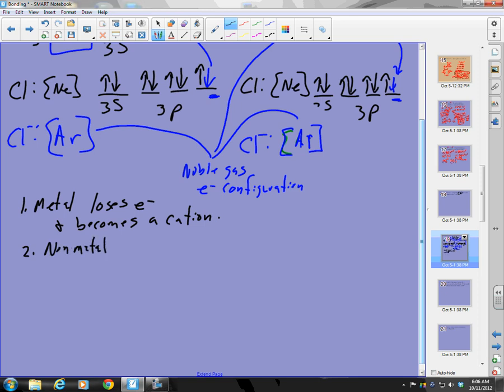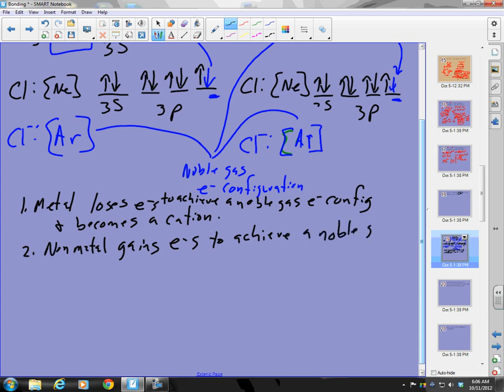The metal loses electrons to achieve a noble gas configuration, and it becomes a cation. The nonmetal gains electrons to achieve a noble gas electron configuration and becomes an anion.